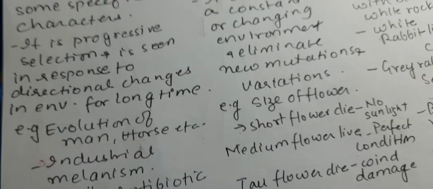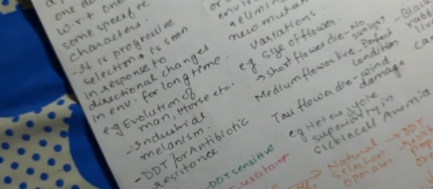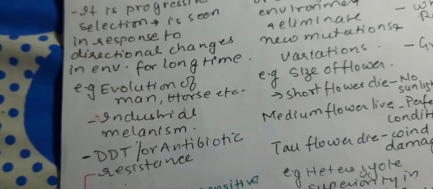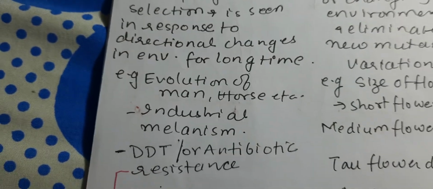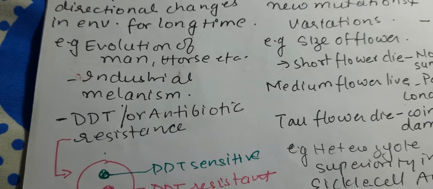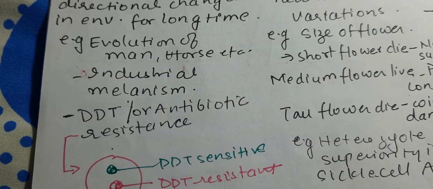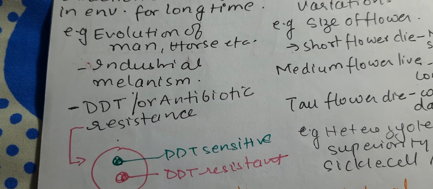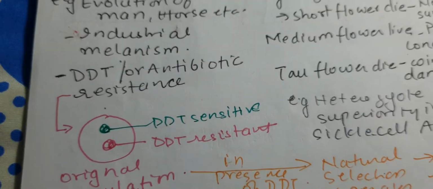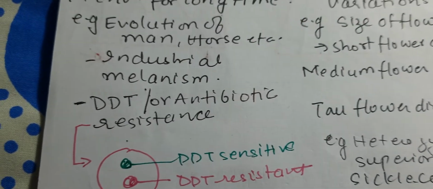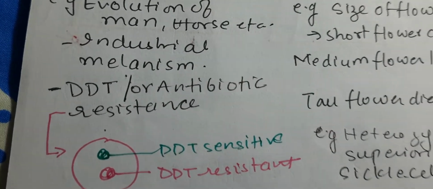So, in one direction, a particular trait is selected over a period of time in successive generations. This is called directional selection. For example, evolution of man, horse, industrial melanism, DDT, or antibiotic resistance. They're all examples of directional selection.